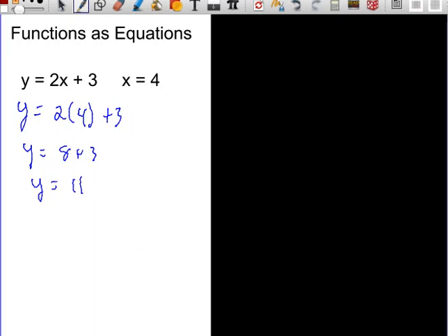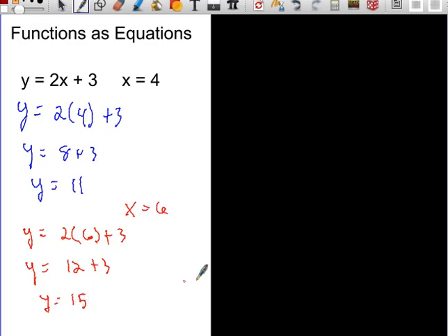What if I decide x is no longer 4, now x is 6? Then y has to change as well. y equals 2 times 6 plus 3. So y equals 12 plus 3, which is 15. So whenever x stays the same, y stays the same. Whenever x changes, y changes. That's a function.